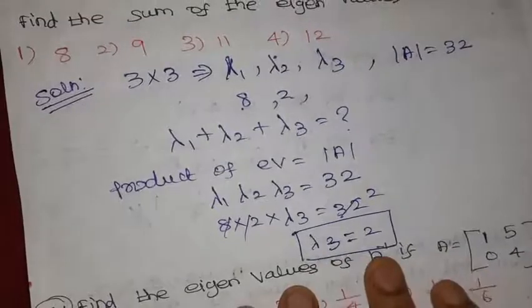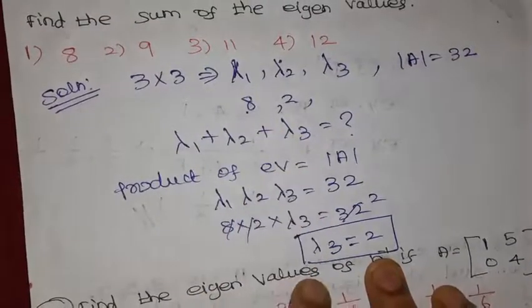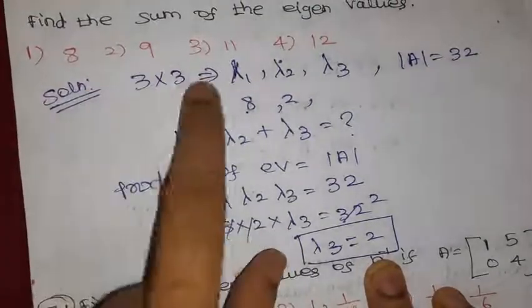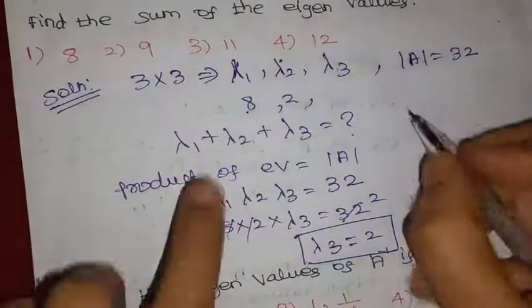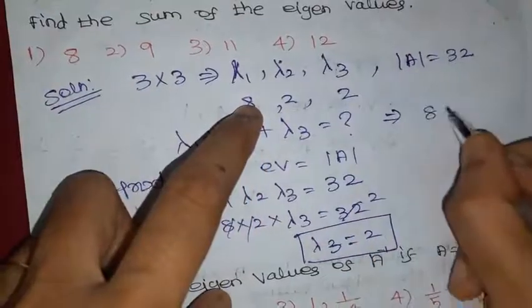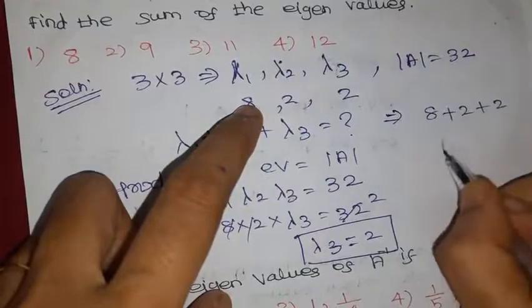But what we need to find is the sum of the eigenvalues. So lambda 1 plus lambda 2 plus lambda 3, 8 plus 2 plus 2, that is 12.